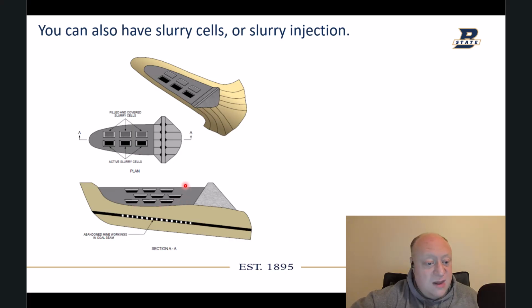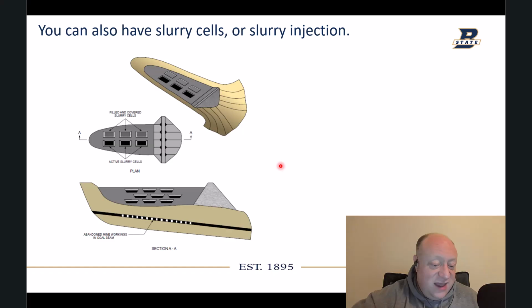A lot of times, slurry cells are used if you need a place to store coal slurry, either because you have a larger impoundment somewhere and you're working on it, or you need some temporary storage, that sort of thing.